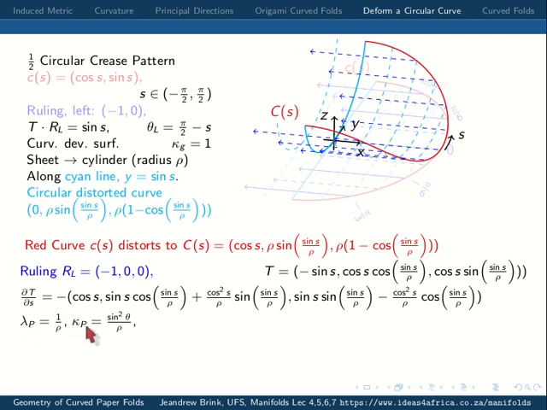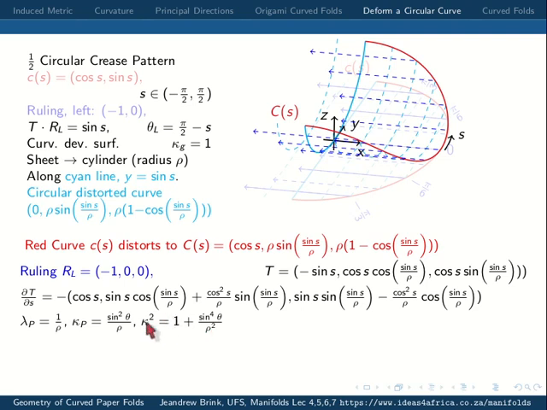We can work out kappa_p, the component of the curvature that's projected normal to the plane, which is just this. The full curvature of this curve, if you take dT/ds dotted with itself and simplify it remarkably, is 1 plus sine theta over rho squared.